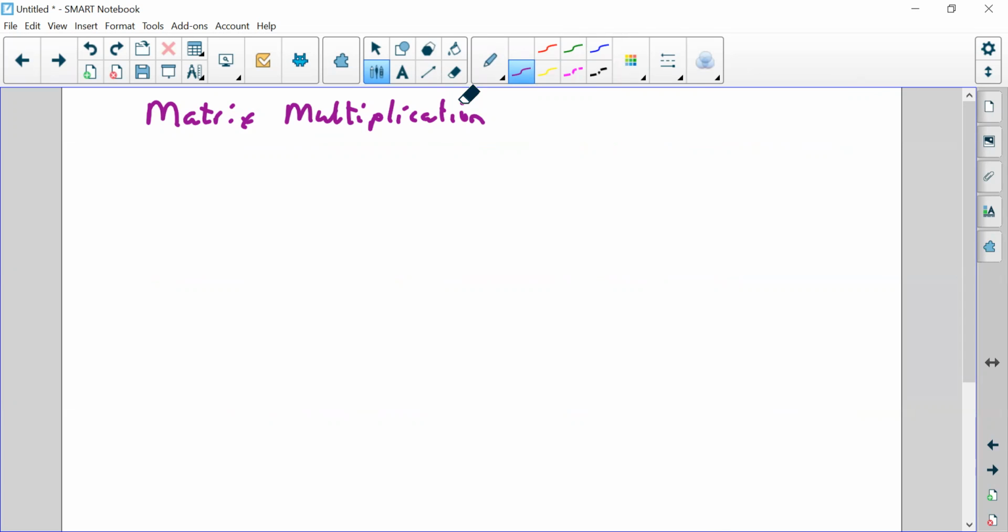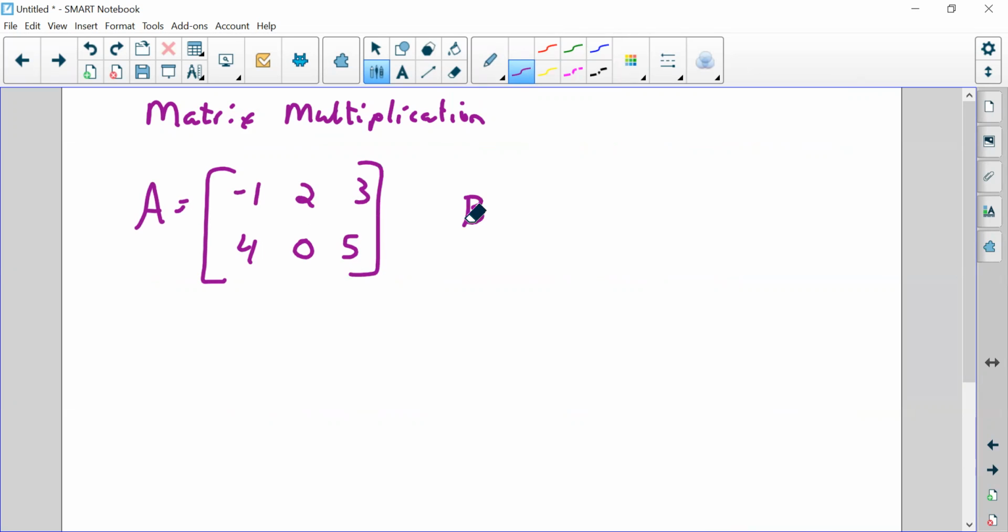Let's say matrix A is -1, 2, 3, and the second row is 4, 0, 5. And matrix B is defined by 5, -1, -4, 0, 2, and 3.